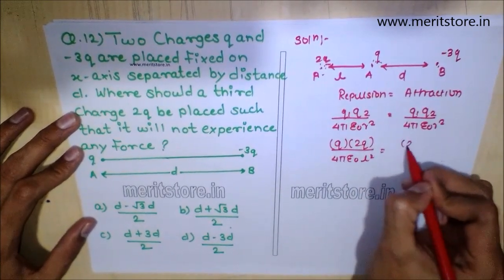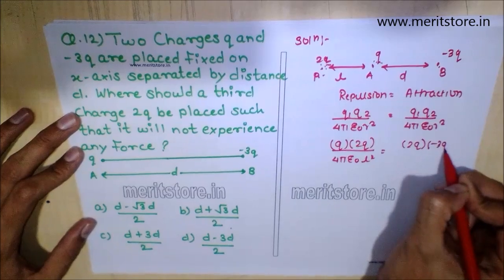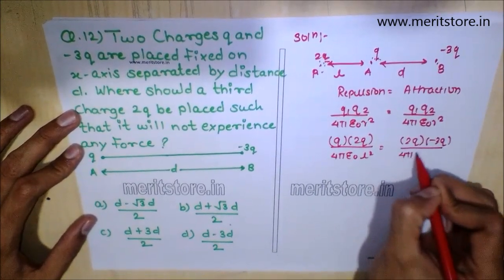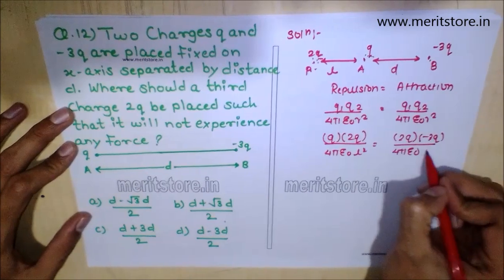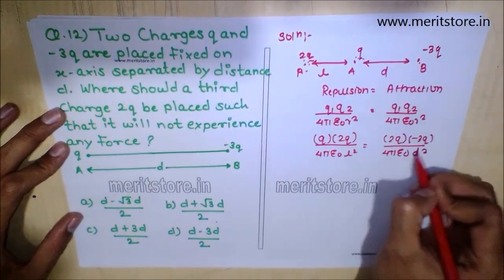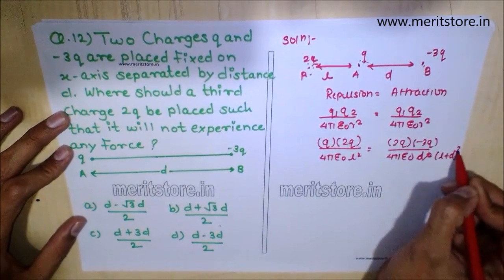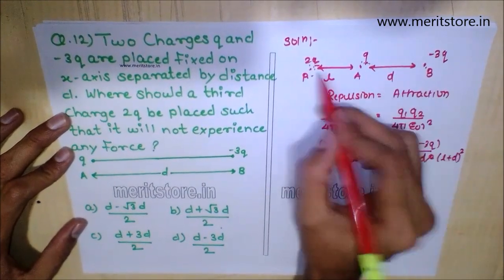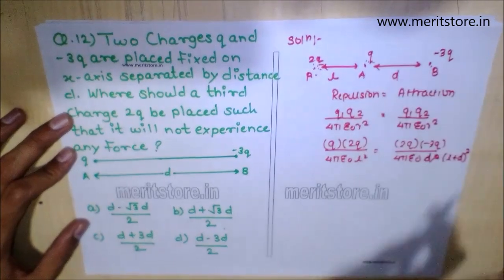Over here it becomes 2Q into 3Q upon 4 pi epsilon naught, and the distance r square becomes L plus D the whole square, because it is the combination of both distances, going from P to B.